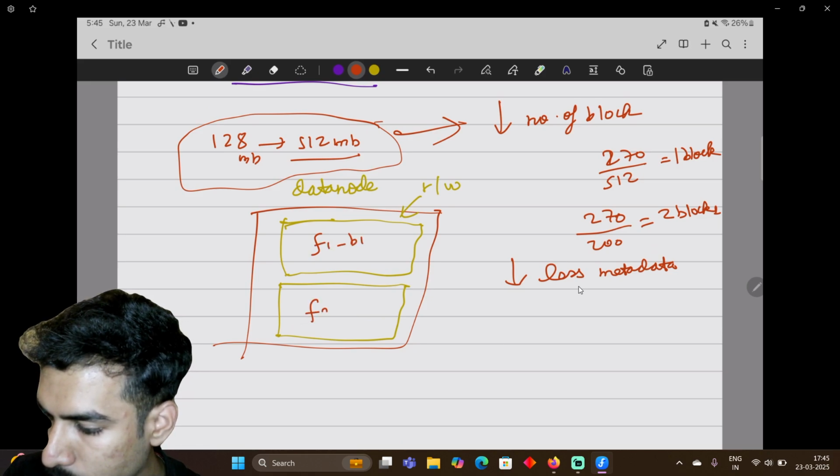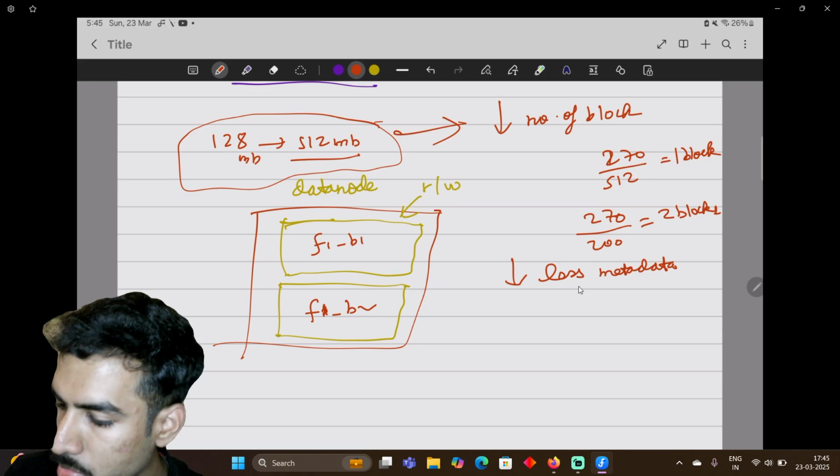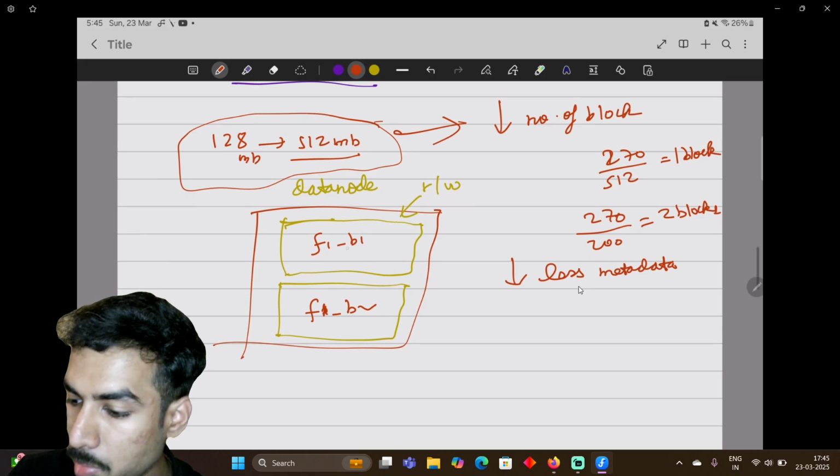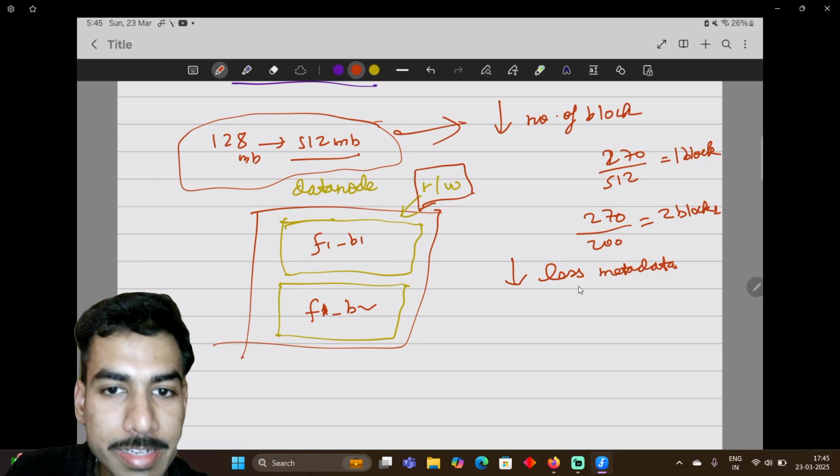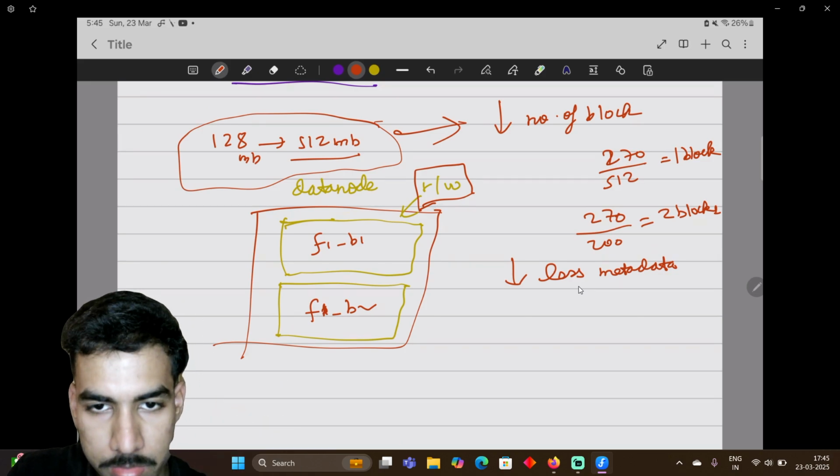F1 B1, F1 B2. In this case it would have been bigger, and read and write operations would take more time.